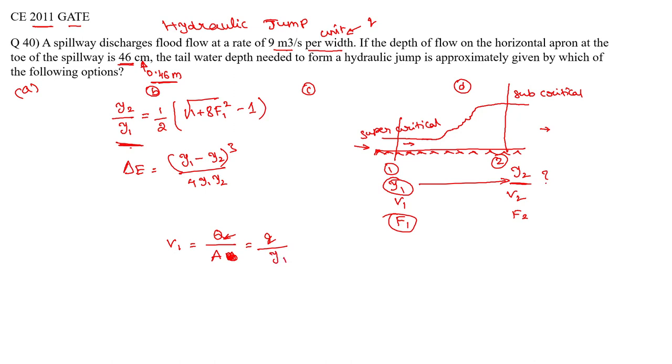This is one hint. So when you know the V1, you can calculate the F1 as V1 upon square root of g into y1. So g can be considered as 9.8 meter per second square, the acceleration due to gravity. Can you quickly substitute this value into the equation and guess the answer?